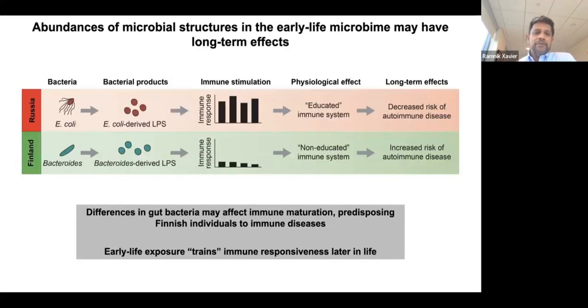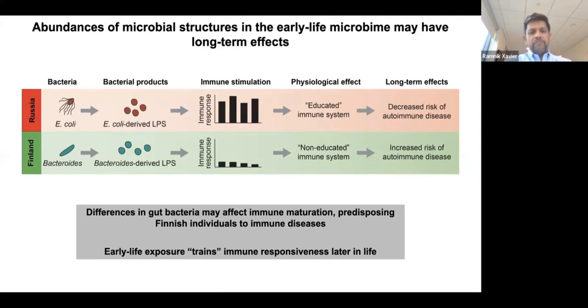And when we went back and looked at the kids, what we learned was that being exposed to E. coli-derived LPS in the first year of life, so those are children primarily born in Russia, their immune system was educated. So they had the ability to reduce the risk of type 1 diabetes and other autoimmune diseases, whereas the kids born in Finland did not receive that education signal, and their risk of autoimmune disease was significantly higher, in this particular case, type 1 diabetes.